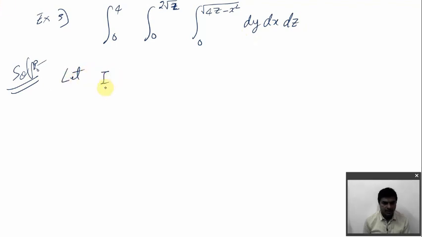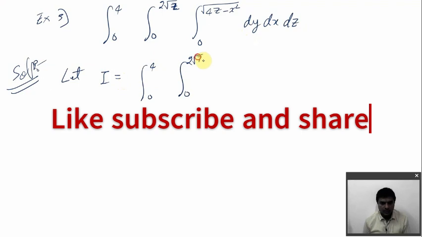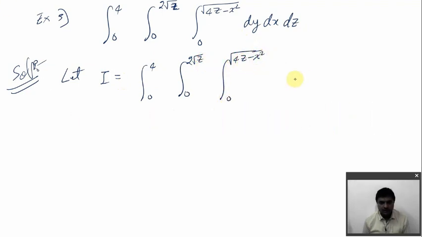So we'll let this integration be I. Again you can see, yes friends, you have to rearrange. So now this is 0 to 4 as it is, this is 0 to 2 root z, and this is integration 0 to 4z minus x square. Now nothing else is there, means consider this as one number. What you are going to arrange: you can see here this is a function of x, y and z.